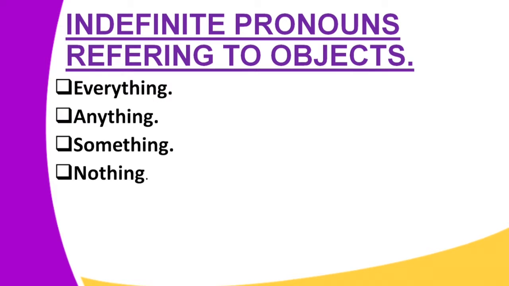So, these 4 indefinite pronouns cannot refer to persons. For example, you cannot say call everything. You can only say call everyone. Anyone inside, and you cannot say anything inside when you're referring probably to a person inside the house. So these ones can only be used strictly on objects, unless in some language that is maybe sarcastic.